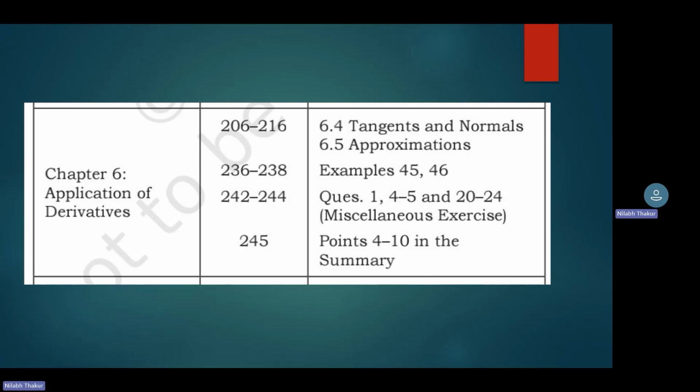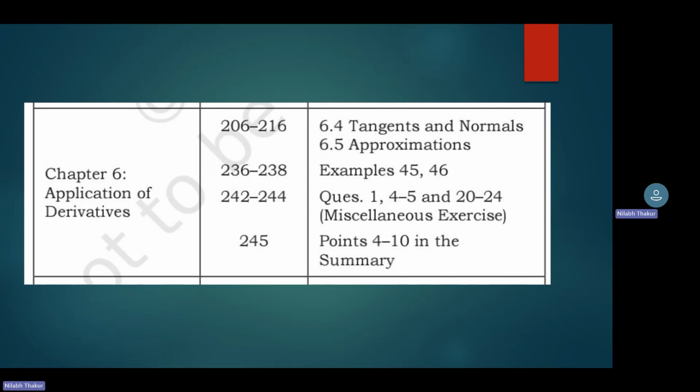Okay. Chapter number 6, application of the derivative. Page number 206 to 216, exercise number 6.4 and 6.5. No question will be asked from 6.4 and 6.5. From page number 236 to 238, examples 45 and 46, you can skip.